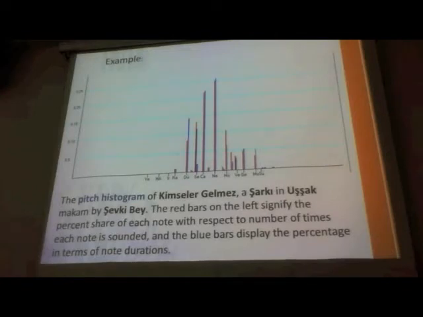For example, look at this page. This is Dügah. This is sounded approximately 40% of the total playing time, whereas this note constitutes only 8% of the total note count.